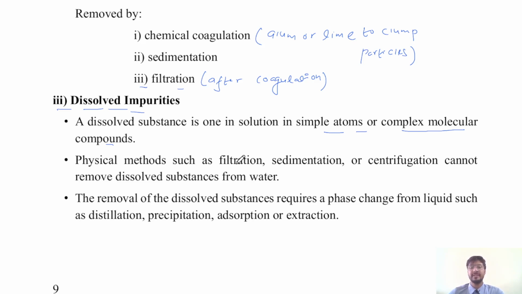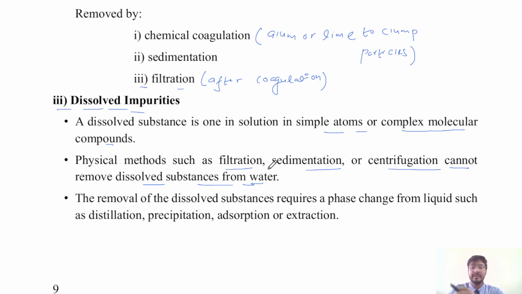Physical methods such as filtration, sedimentation, and centrifugation cannot remove dissolved substances from water. The removal of dissolved substances requires a phase change from liquid, such as distillation, precipitation, adsorption, or extraction. The common types of dissolved impurities are minerals, salt, gases, and chemicals.